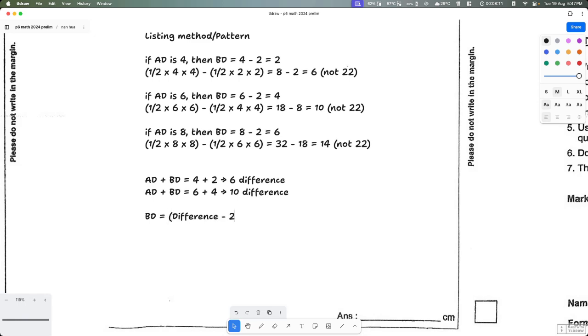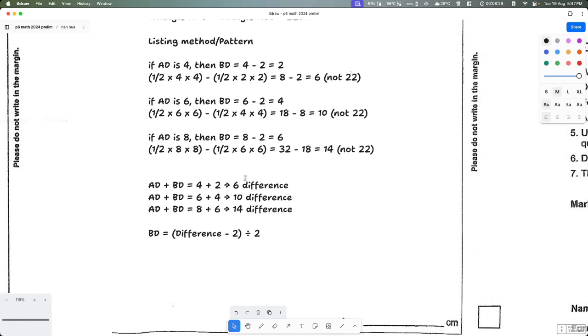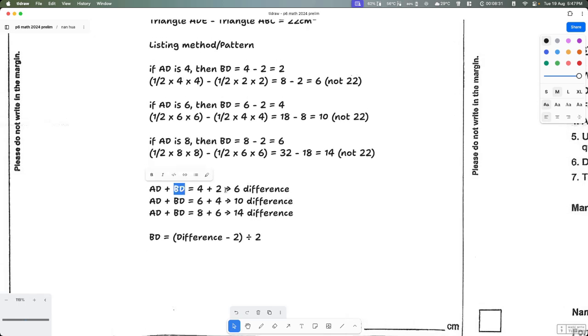It's very annoying. You can list down, honestly, listing down is much better. So AD plus BD is equal to 8 plus 6. AD is 8, then the difference is 6, and this will give you 14. So what we want is that BD is 2.